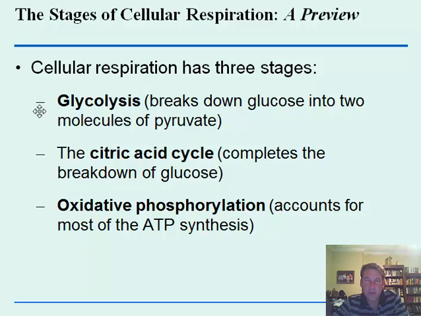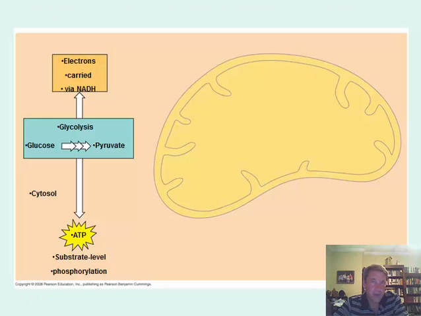But the three big steps, stages, or phases of cell respiration are glycolysis, the citric acid cycle, also referred to as the Krebs cycle, and oxidative phosphorylation, also referred to as the electron transport chain or chemiosmosis. All those things occur in this last step. So these 3 broad steps are what we're going to look at for cell respiration.